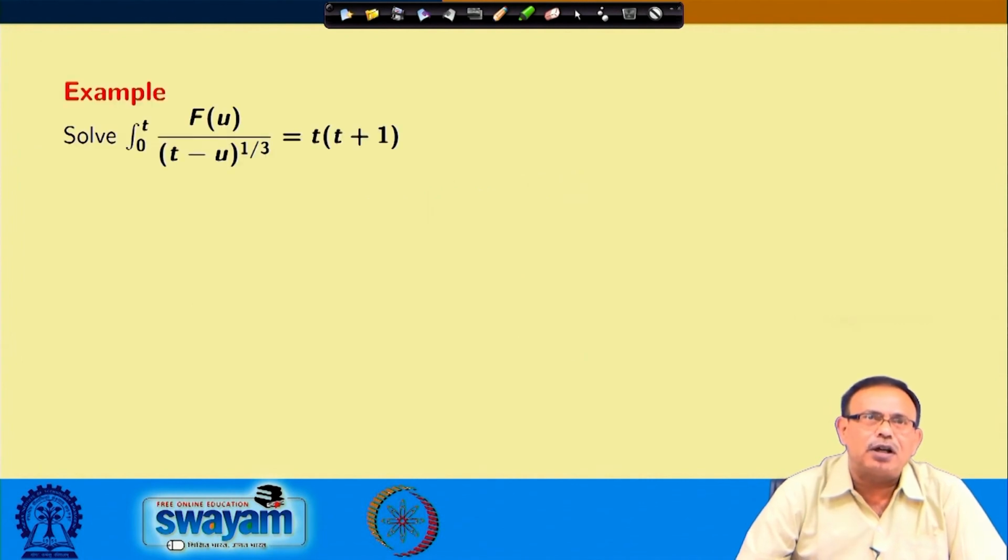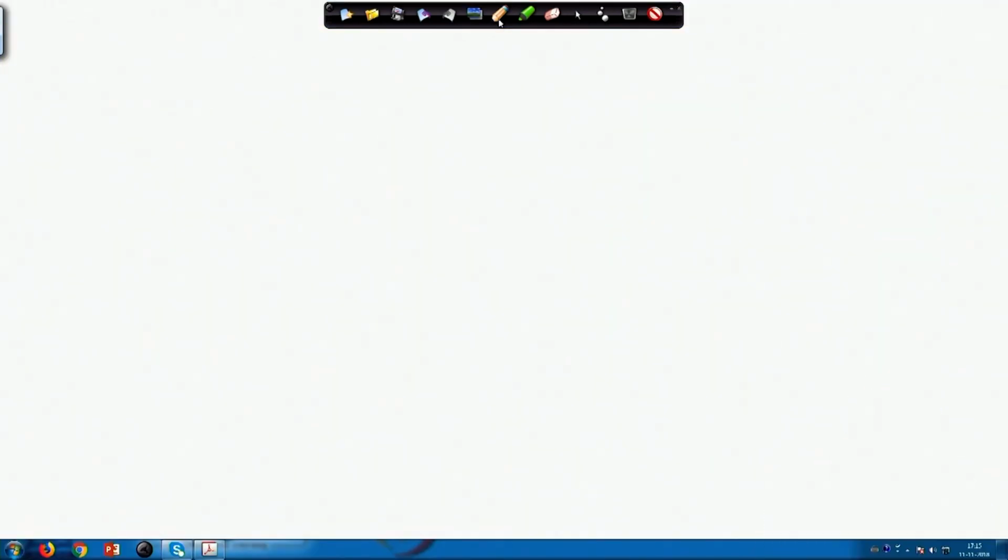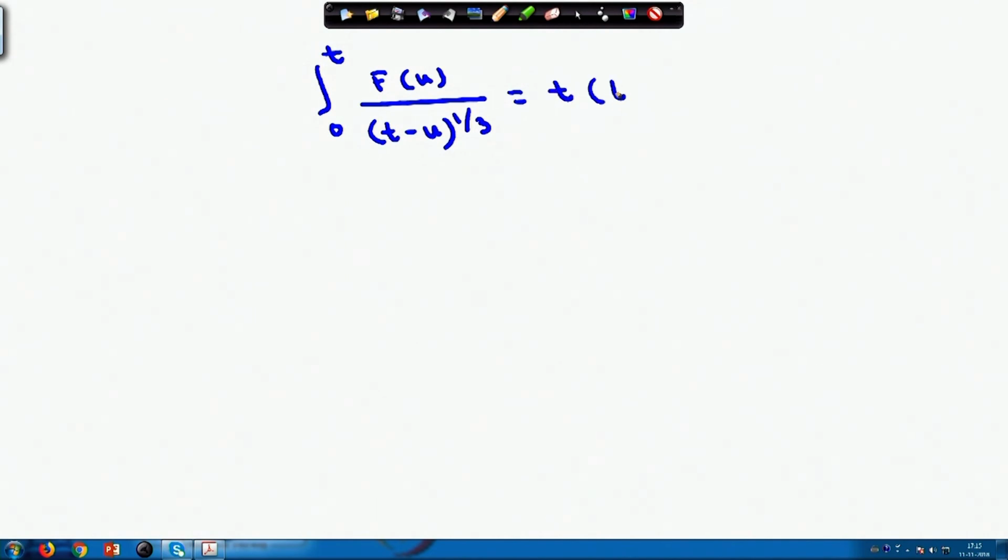Let us take the next example. I want to solve ∫₀ᵗ f(u)/(t − u)^(1/3) du = t(t + 1).